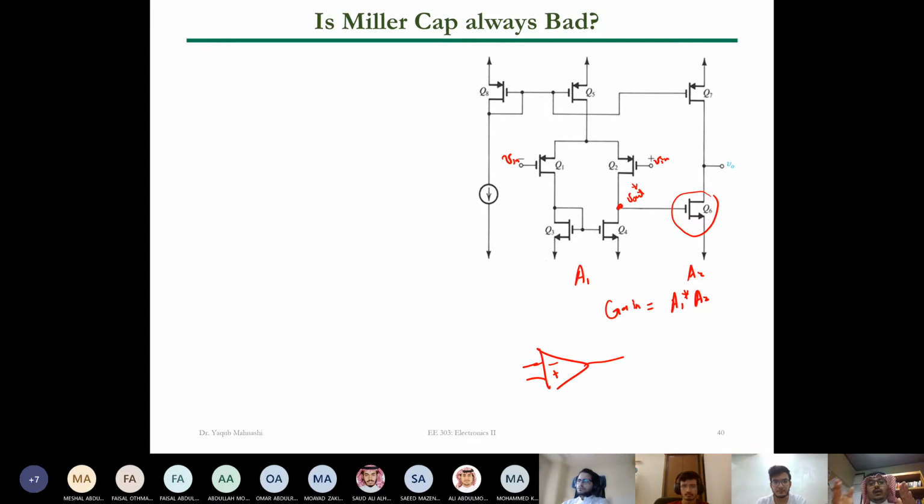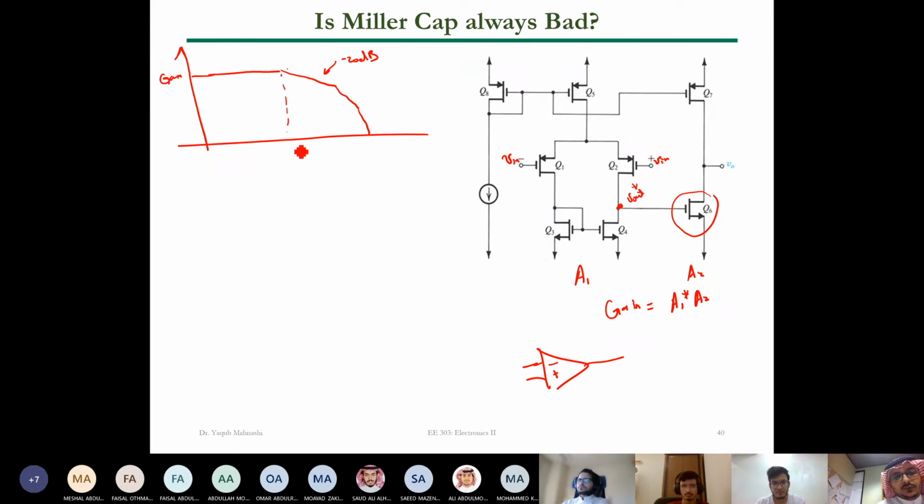Okay, so now let's call it the dominant pole. If you have pole 1, pole 2, pole 3, let me draw it again in better shape. Pole 1, pole 2, and pole 3. I am drawing gain, sorry guys.